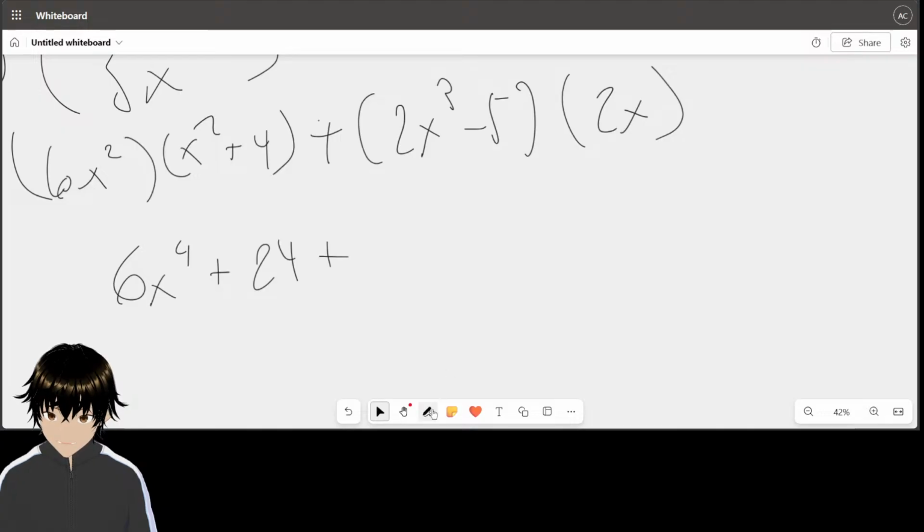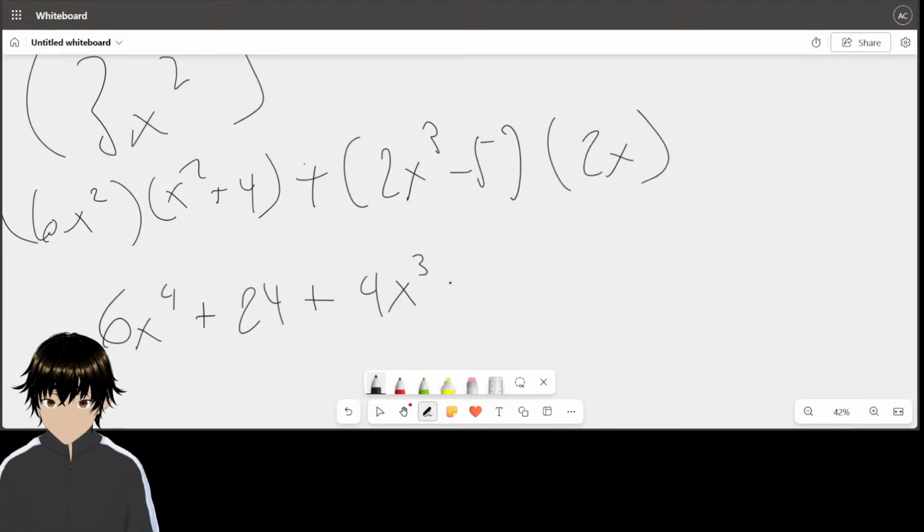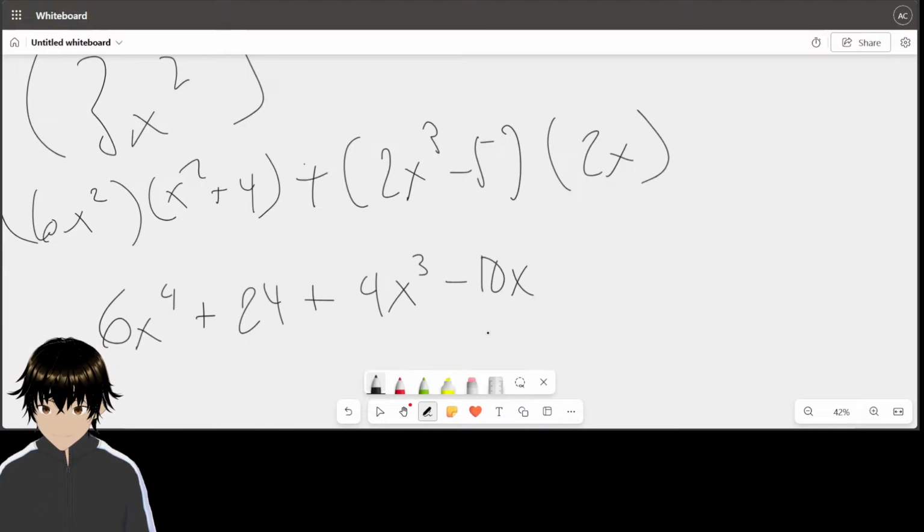So it's gonna be 2x cubed. I'm just trying my best here. It's gonna be 4x cubed, and then negative 5 times 2x. It's gonna be negative 10x.